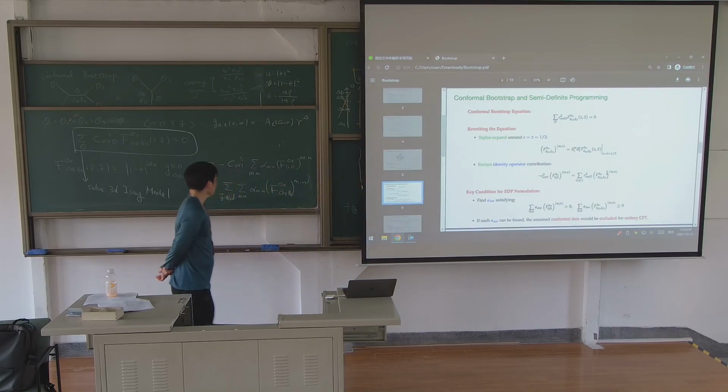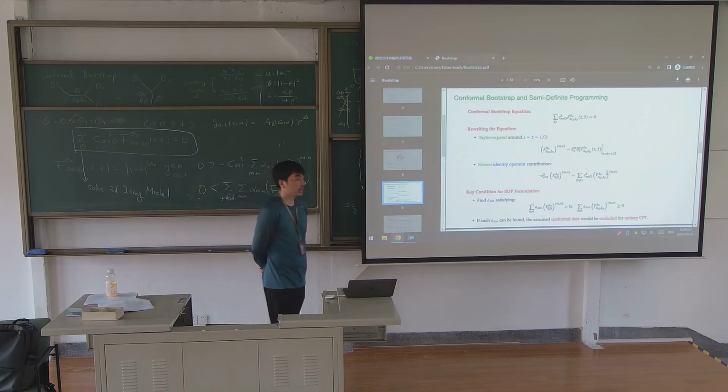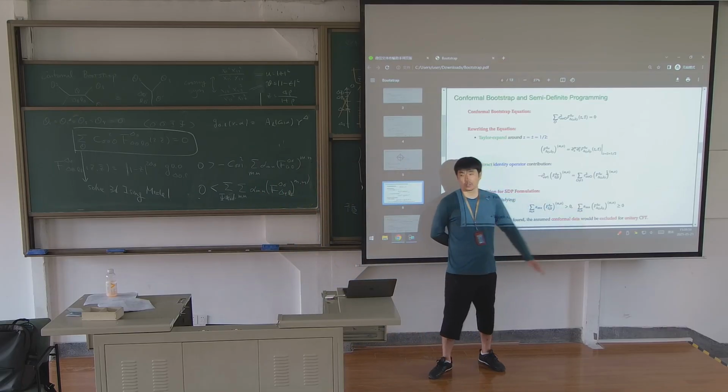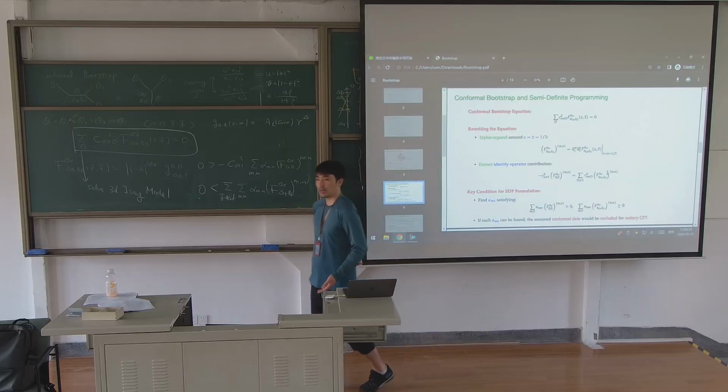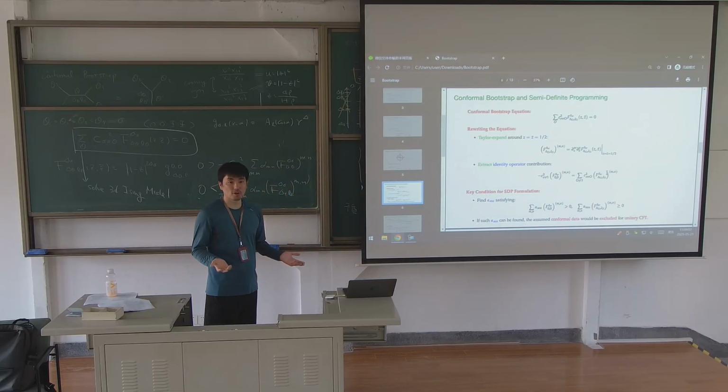Then this should be positive. The right-hand side should be positive, but the left-hand side is negative. If there exists alpha satisfying this condition, you cannot solve the conformal bootstrap equation, which means that there is no solution for the conformal bootstrap.